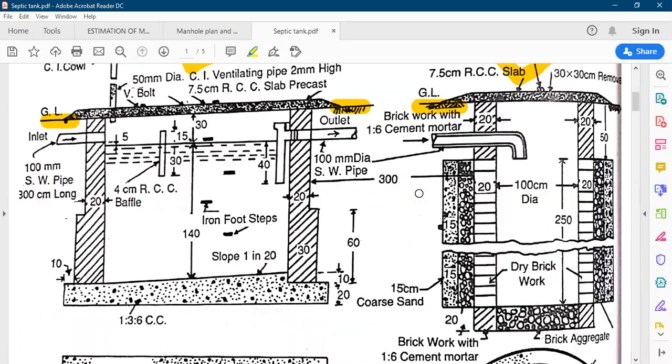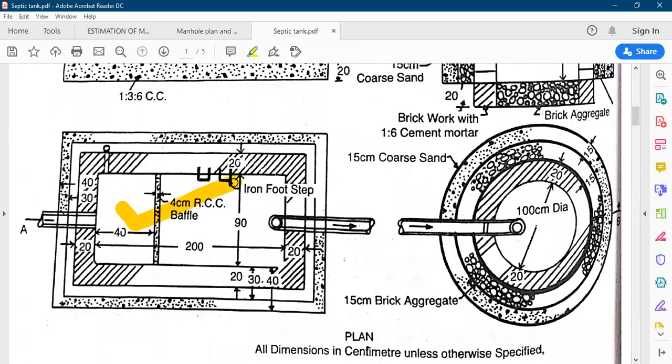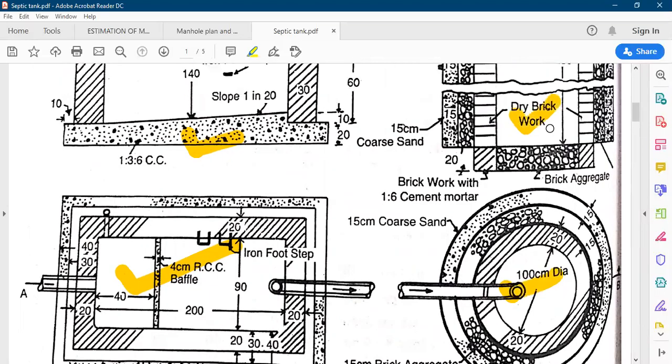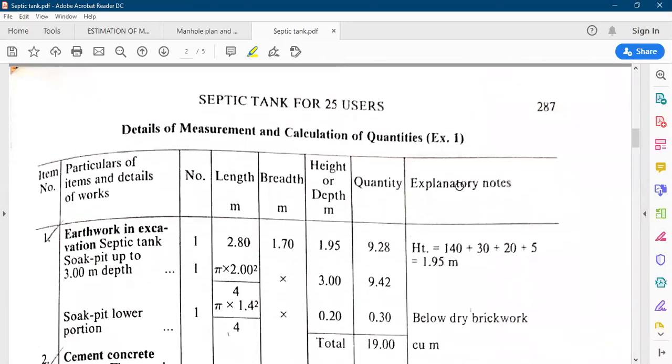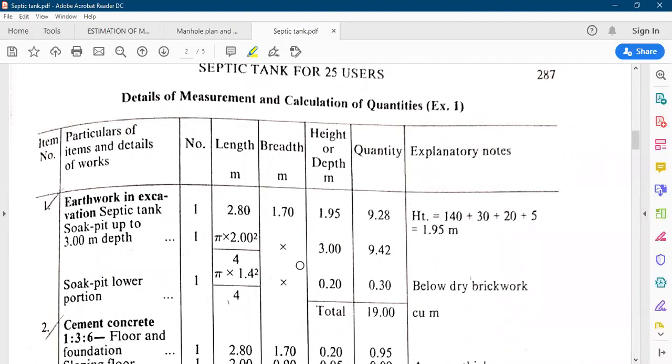We have calculated the earthwork excavation using this plan and cross section of the rectangular portion, and using the plan and cross section of the soak pit, right? We have calculated the earthwork volume required for construction of the soak pit.